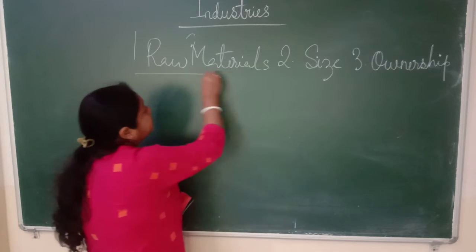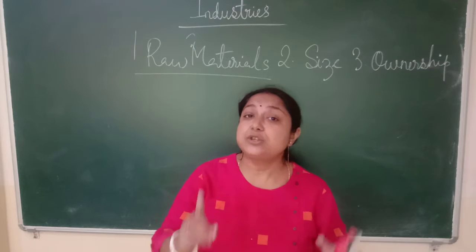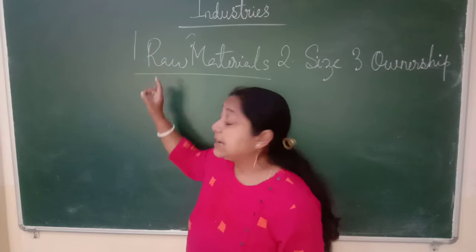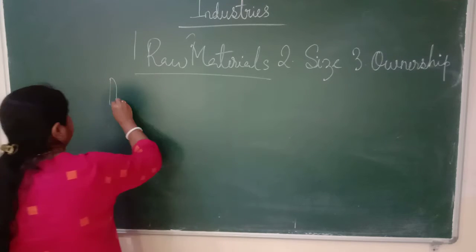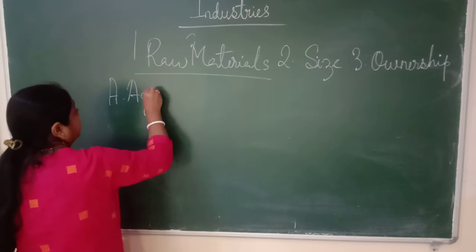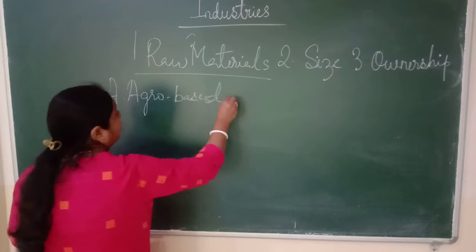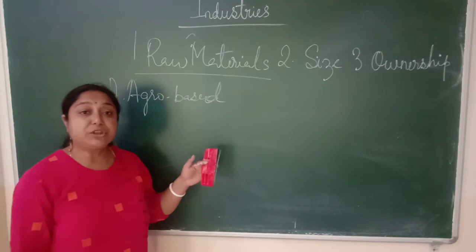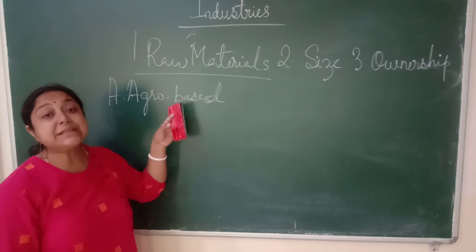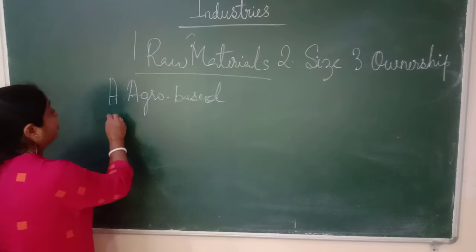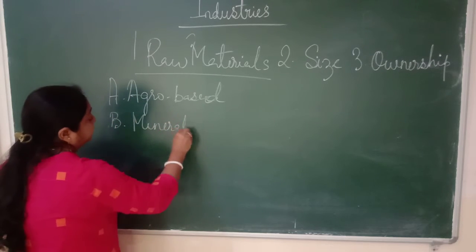In the first part, raw material, on the basis of the raw material, the industry is defined. Say for example, number 1 or A, agro-based. The raw material which you are using for your industry is coming from agriculture. So it is agro-based. Number 2, or B, is mineral-based.